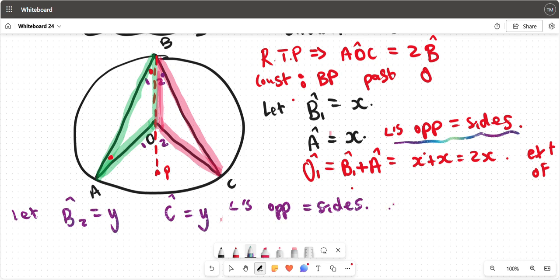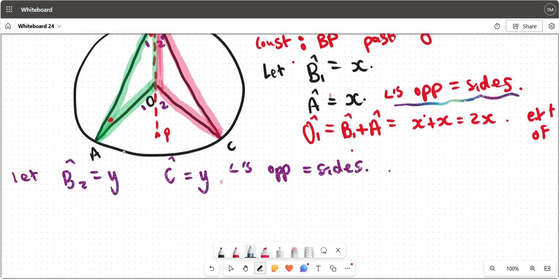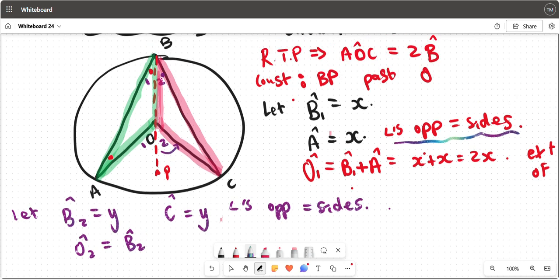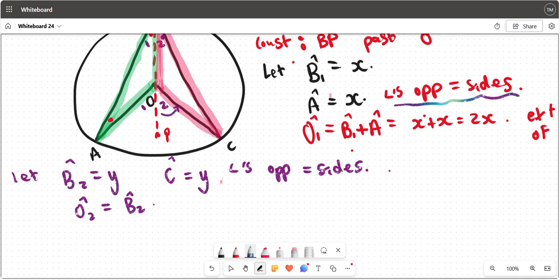And if that's Y, then following the same logic, O2 will be equal to B2, the guy at the top, plus C. And this is just Y plus Y, which is 2Y. What am I using for this? I'm using exterior angles of a triangle.